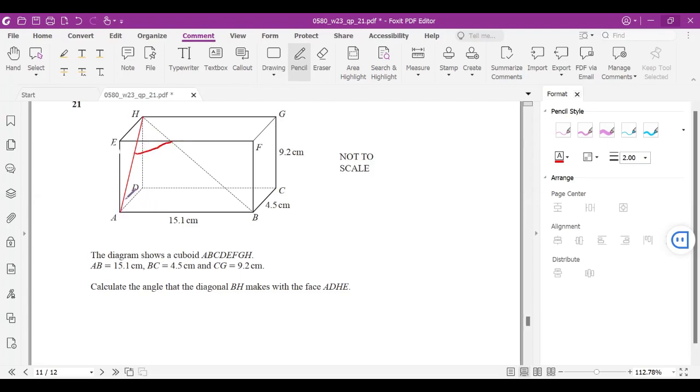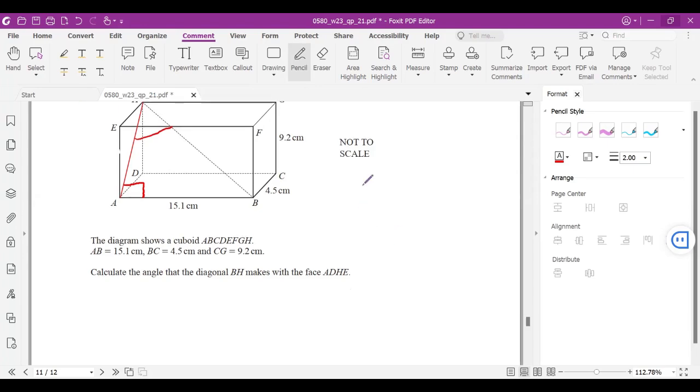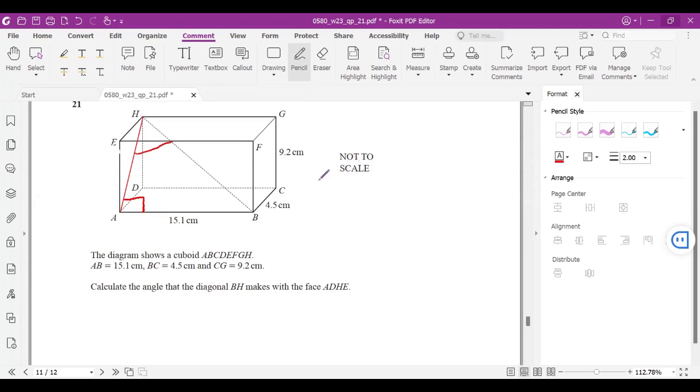Now take note that this is 90 degrees here. Okay, beautiful. Now that we know what we are looking for, we need to get line BH.